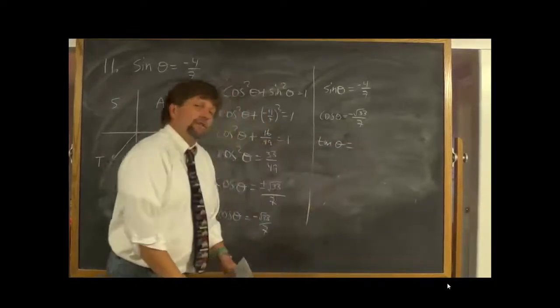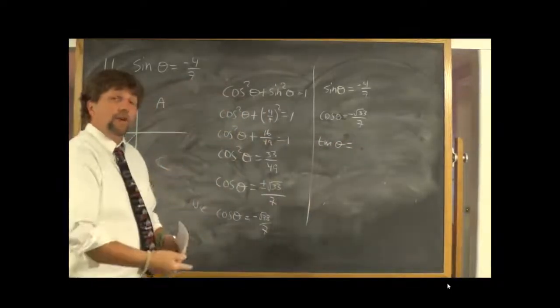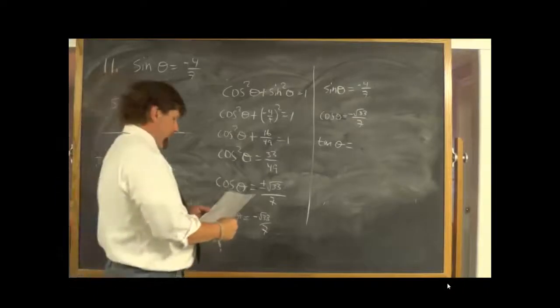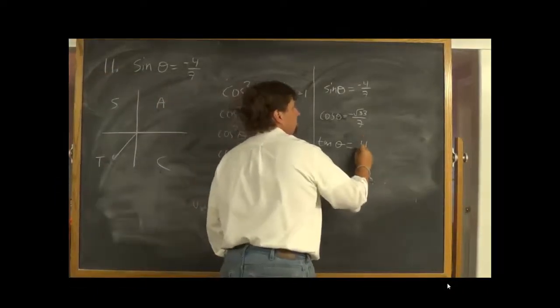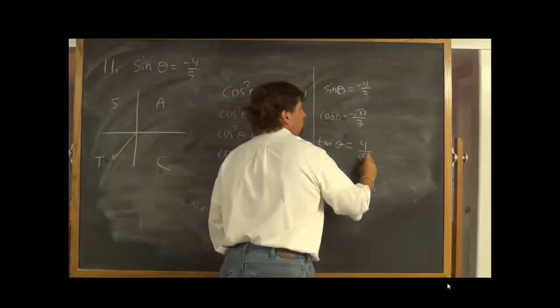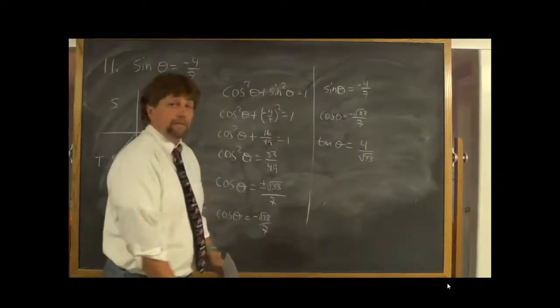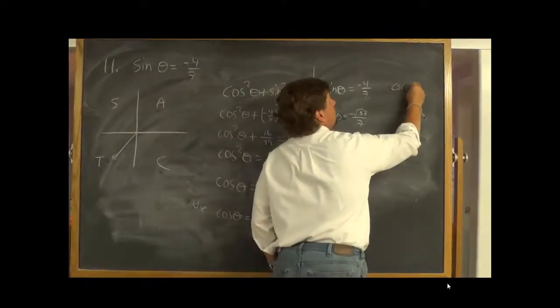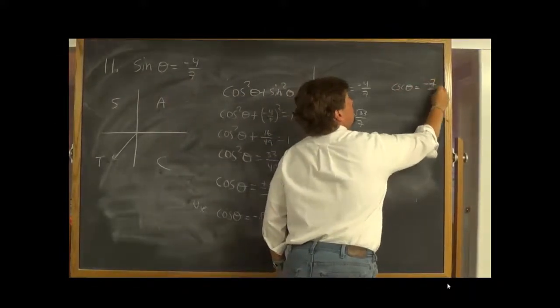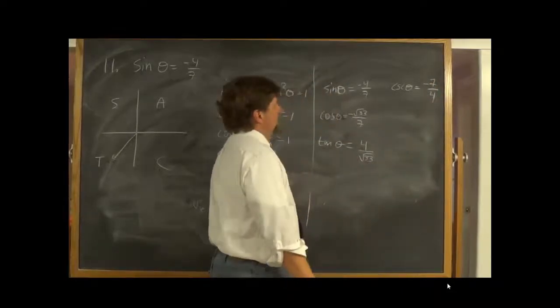Well, we know tangent of theta is sine over cosine. We're using a quotient identity. So we get the tangent of theta, it would reduce down to 4 over square root 33. And then cosecant, that's just the reciprocal of sine.